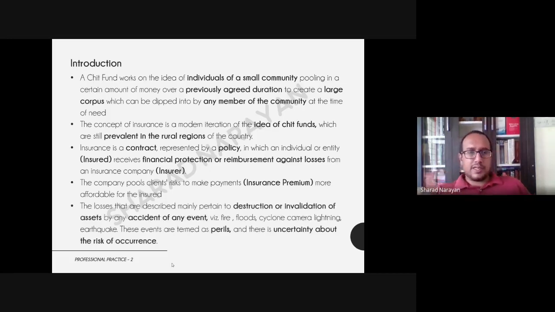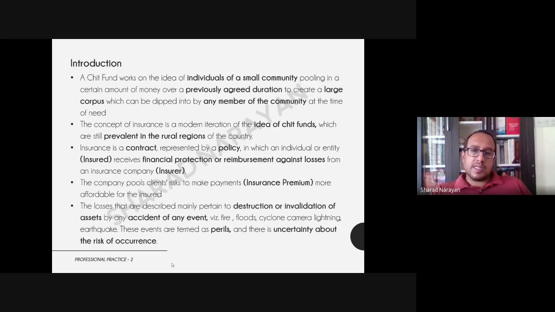Losses that are generally described over here, in the case of property insurance, are destruction or invalidation of assets by any accident of any event. So you have fire, floods, cyclone, lightning, earthquake. These events are termed as perils, and there is uncertainty about the risk of their occurrence.